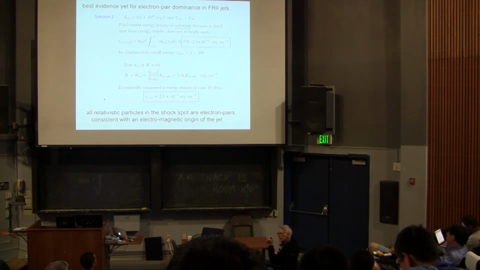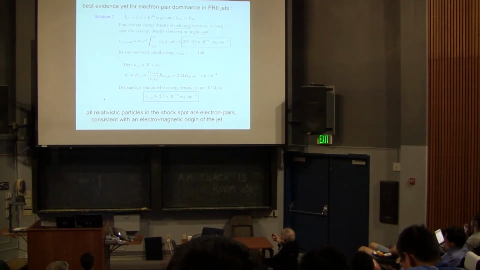I compared the energy density observed today in the shock spot. Actually, it's observed at the bright spot, but translated to the shock spot. And the energy density in the shock spot that I calculate to produce the same volume of cavity.